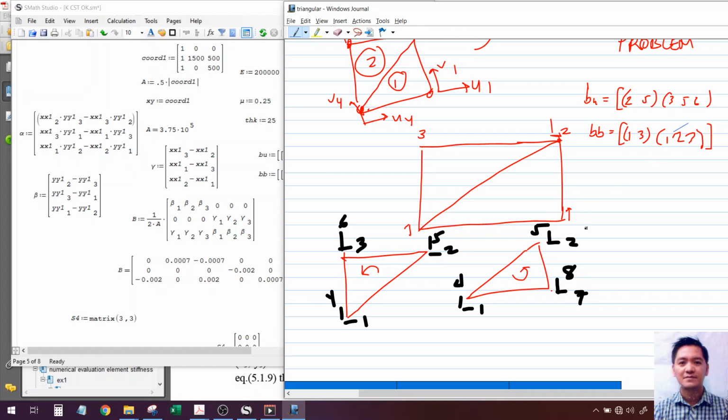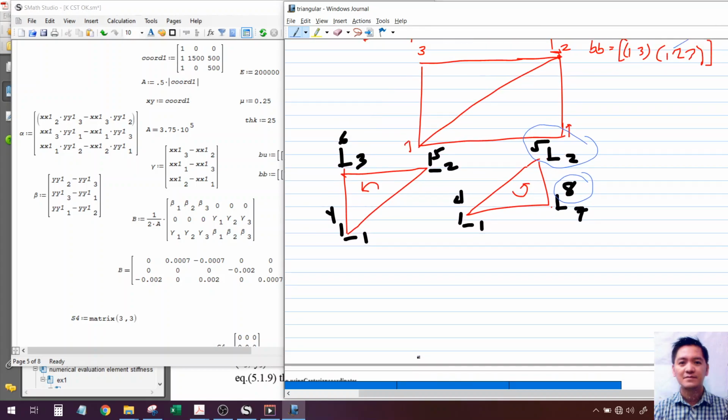Meron kang displacement dito, and then meron kang displacement dito. Okay. So, 3, 5, 6, kasi babalikan natin yung K ng mga to. No? This is K. K1 for element 1.